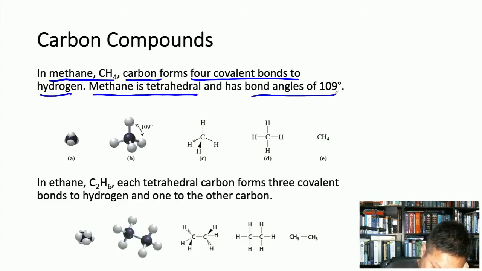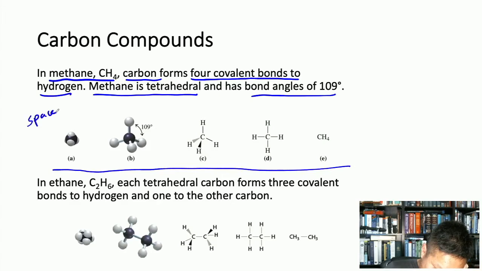So down here you actually see 5 different representations of methane that we use in organic chemistry. The first one is called a space filling model. That's filling, not filing, right? The next one after that is called the ball and stick model. The third one is called a wedge dash model.